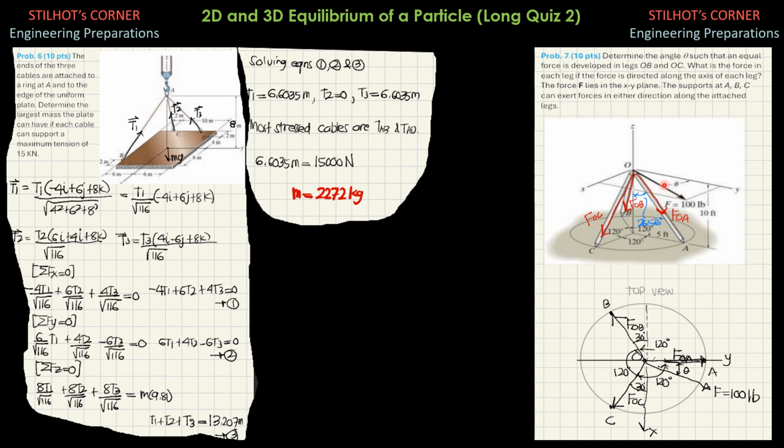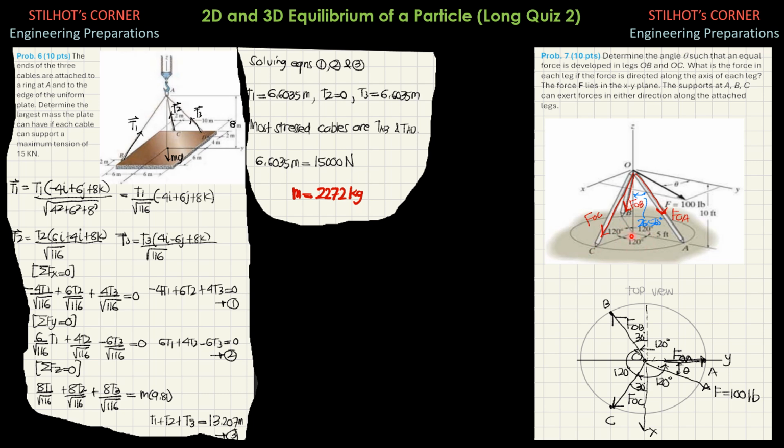And this is 100 pounds, and it makes angle theta with the y-axis as shown. The distance from this point on the plane to point O is 10 feet, and the radius of this circle is 5 feet, and take note that these points A, B, and C are equally spaced 120 degrees each.